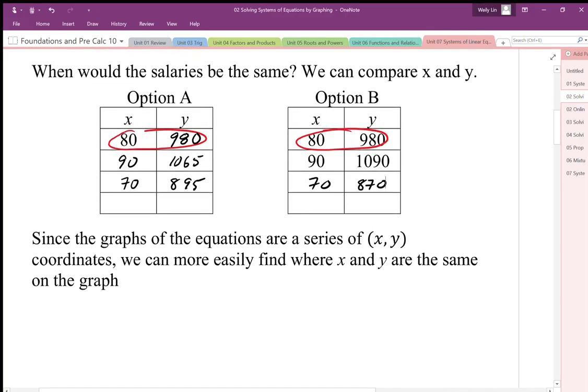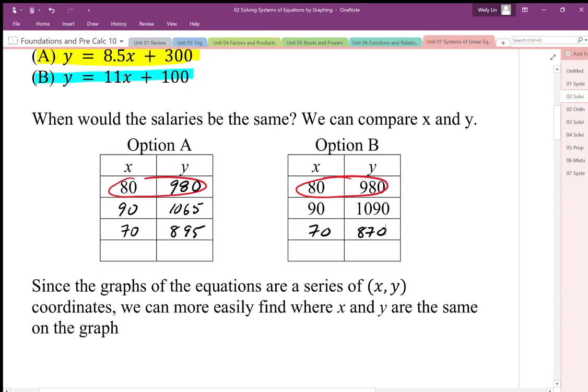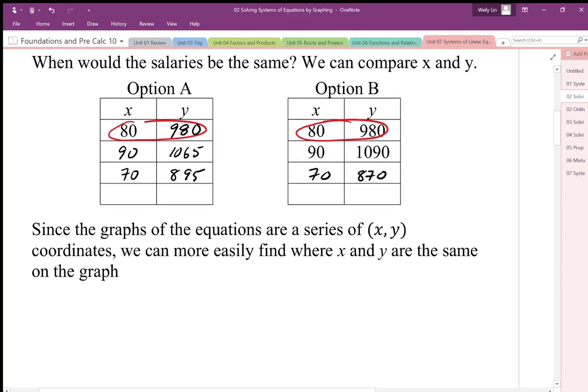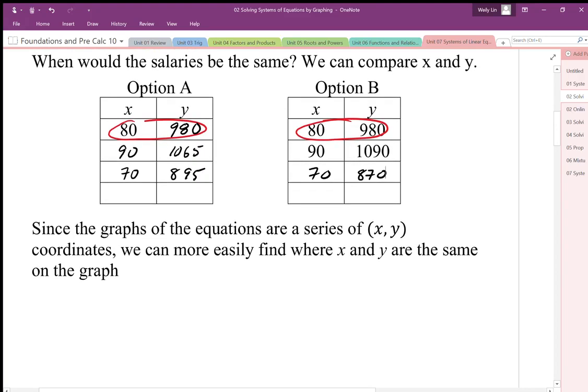Now, when we graph these, remember that these equations relate to tables, and they also relate to graphs. When we want to find out when these options are equivalent, we can graph them and see where they are the same and then analyze them that way.